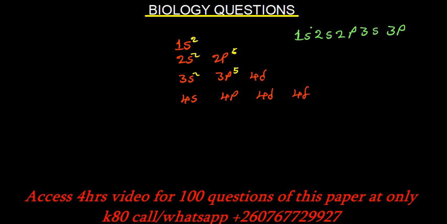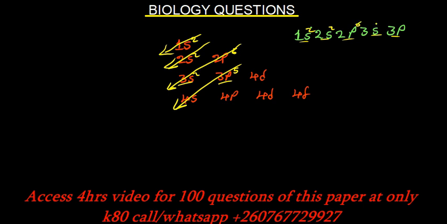So 1s, 2s, 2p, 3s, next is going to be 3p, then 4s. We don't have the 4s, that's why I'll end there. So this has 2, this one 2 as well. Then the p will have 6, this one 2, then the remaining one will have 5.